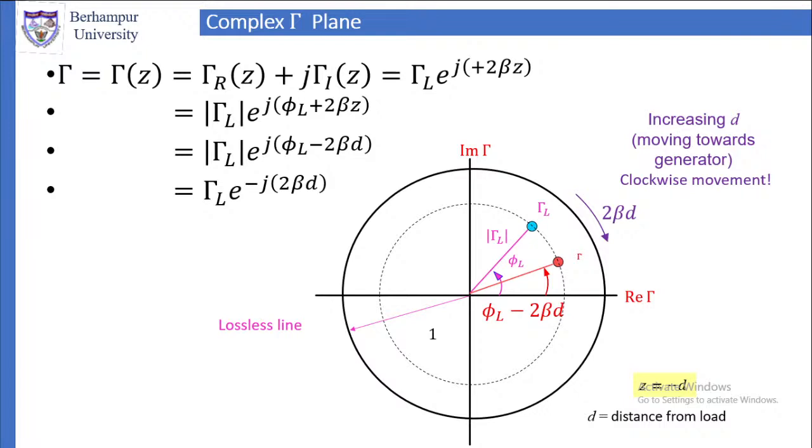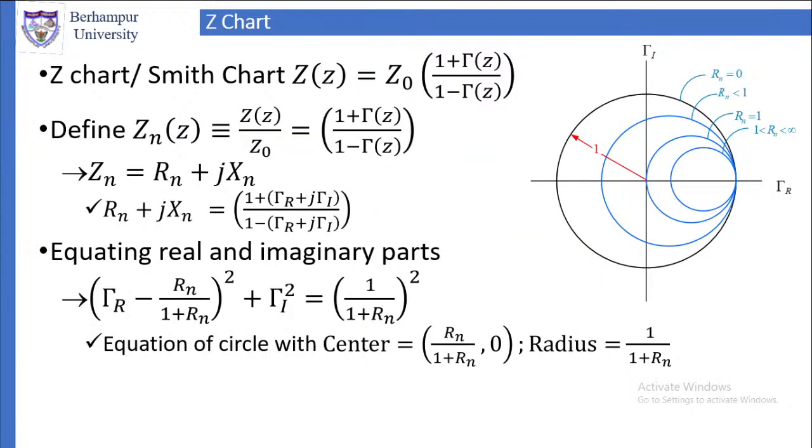It does not change, only the phase changes. Phase will be 0 along the x-axis, or otherwise it will be any other value. This is about the complex gamma plane, and we are going to use this concept later.